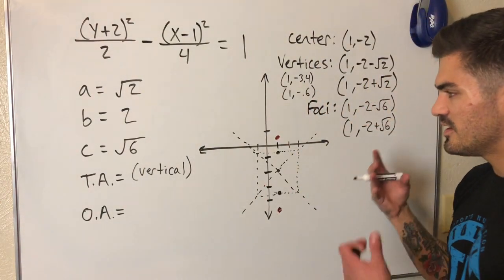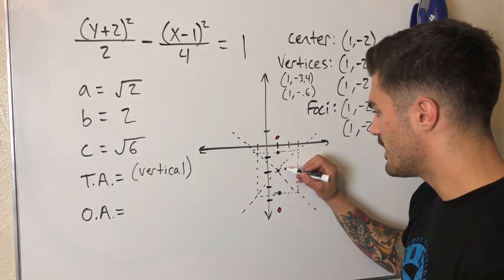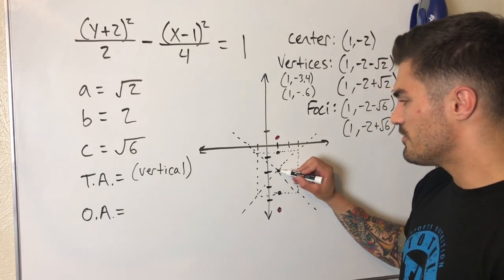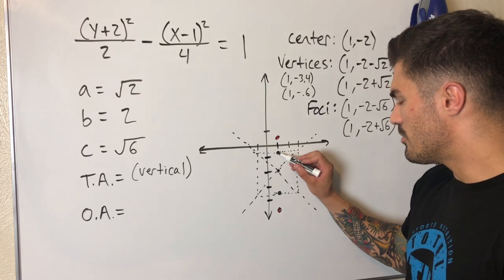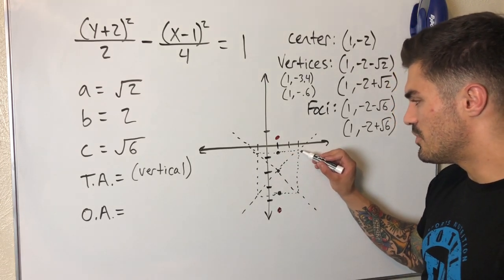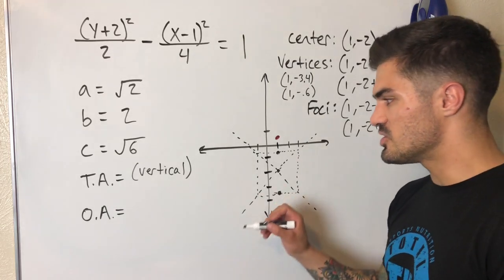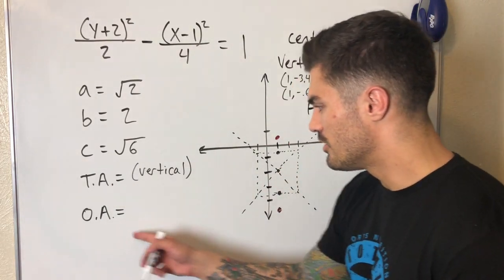So my asymptotes are here. So that just makes it easy, in my opinion, to find the asymptotes. My rise over run, basically, right? I'm going from this point, from the center, I'm going up by A units, and then I'm going to the right by B units. So my slope of these lines is A over B, right?